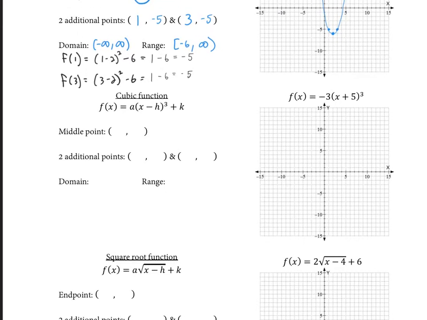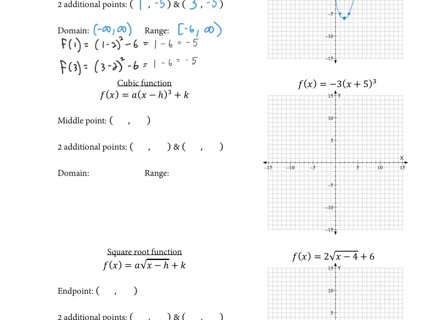Okay, next one, cubic function. So in this case, h is negative 5, k is 0, since there's nothing added on the outside. Okay, the middle point for a cubic function is h comma k, so negative 5 comma 0. Okay, 2 additional points, same as the last couple.